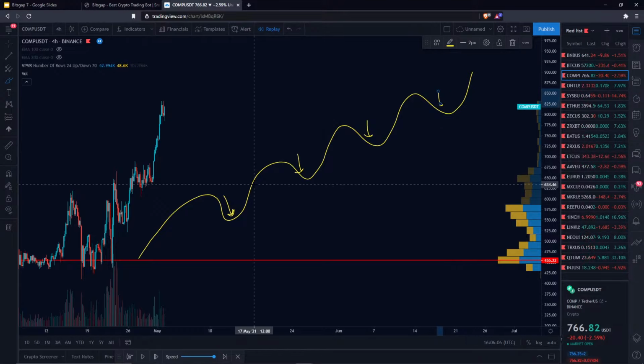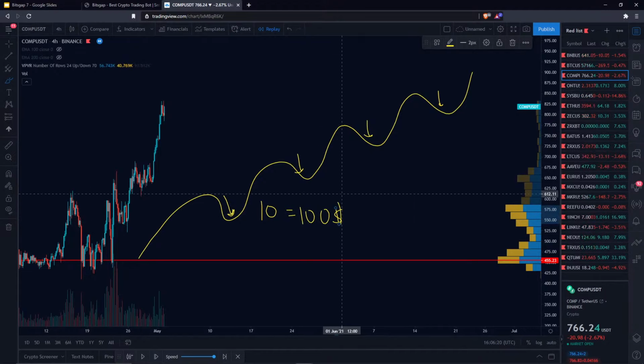The logic of the classic bot is to buy and sell always the same number of coins, regardless of the price. So it will buy 10 coins if it costs $100, and it will still buy 10 coins, you see here, at the higher price level where it's now more expensive.